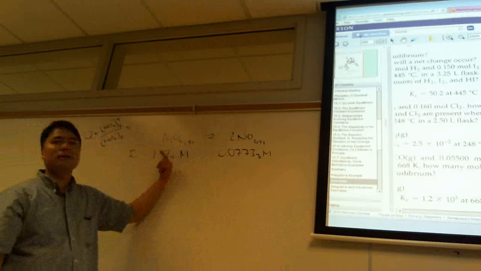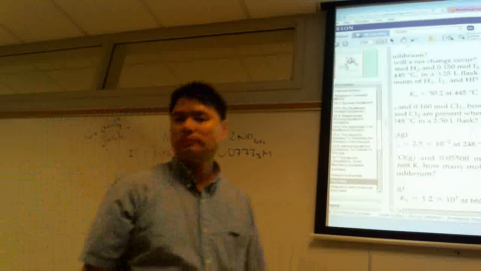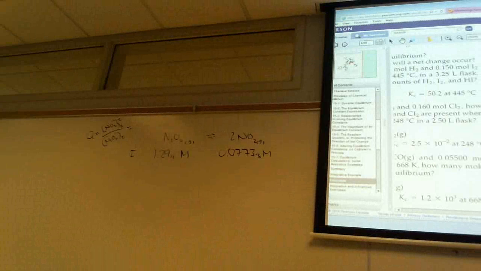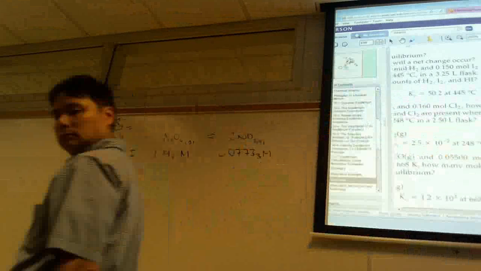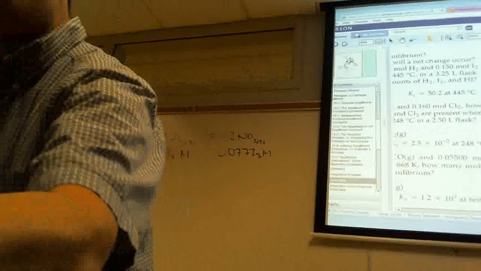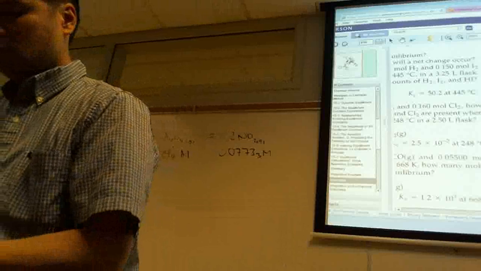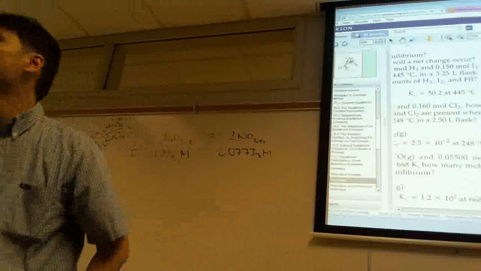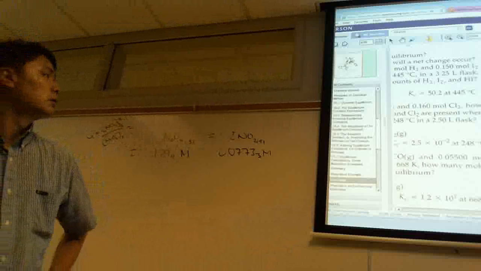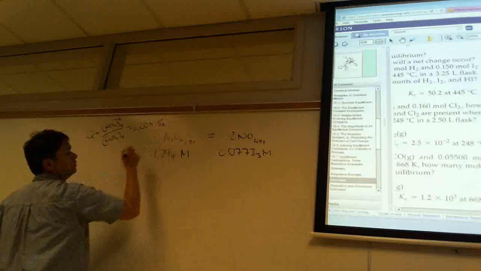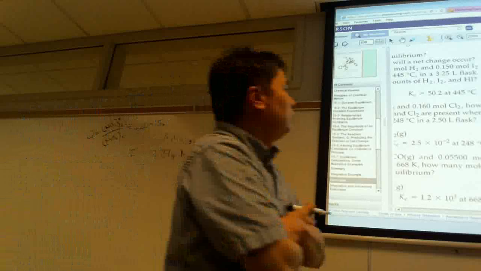So square this divided by this. 0.004152, about 3 sig figs.